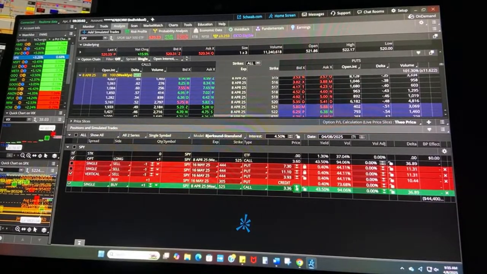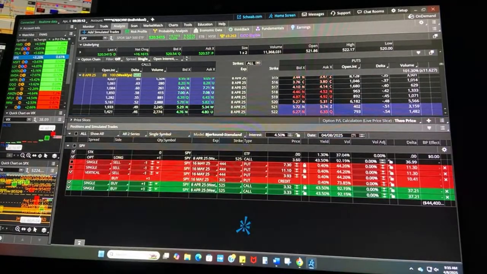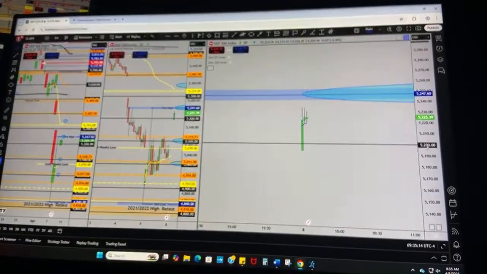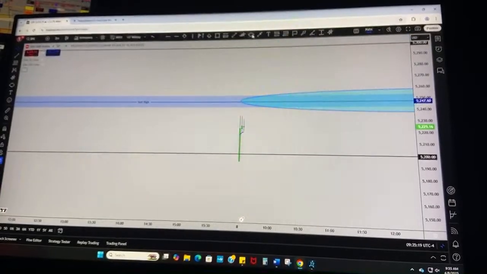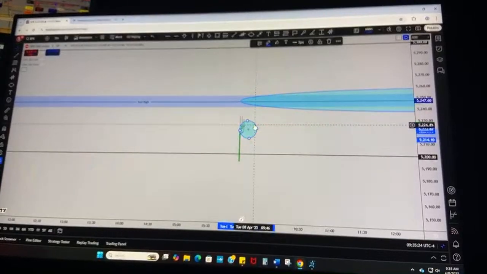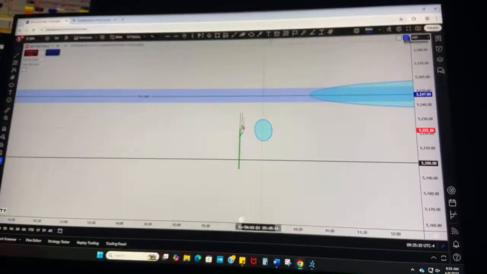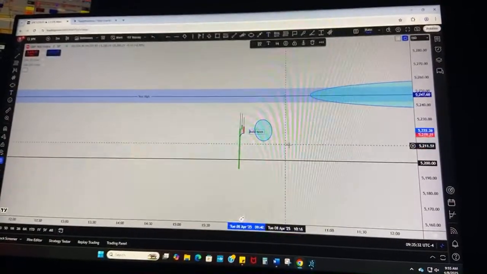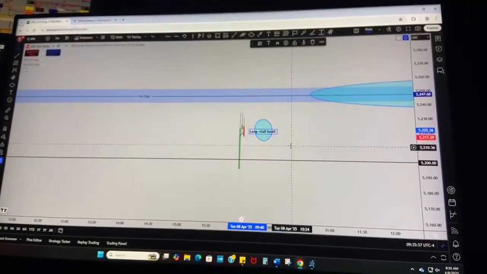Okay, just got filled at 3.32. I gotta be extremely careful with this trade. Went small size on this, small size, small size. All right, long call. But this is small size. We can easily cut this.